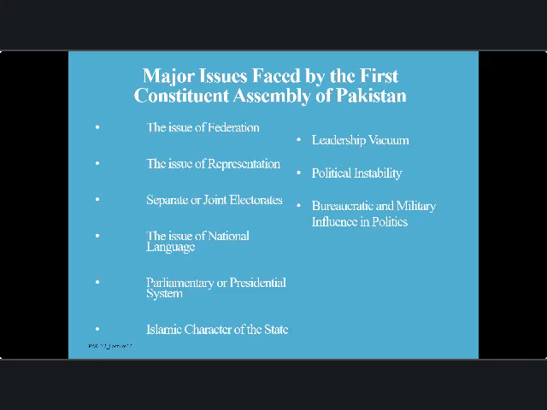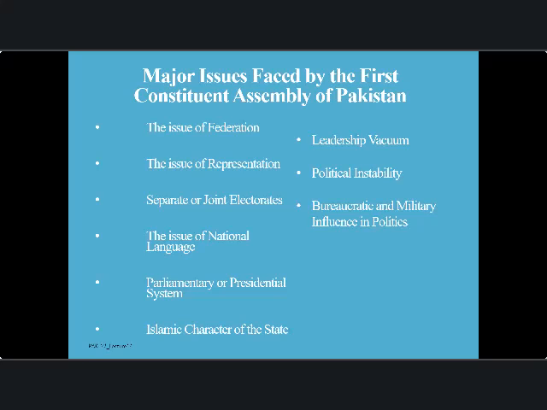Now, students, we will discuss the bureaucratic and military influences in politics. After 1947, the process of constitution making in Pakistan was significantly affected by the bureaucracy and military, who wielded considerable influence over political affairs.